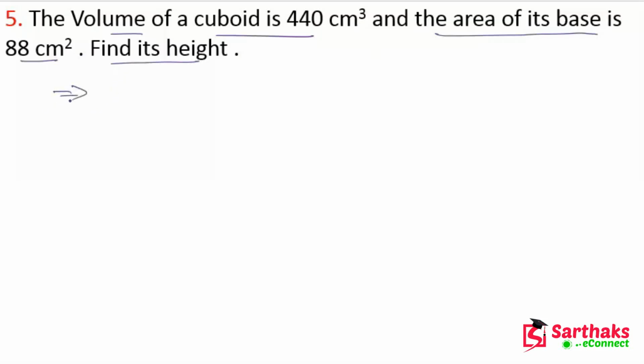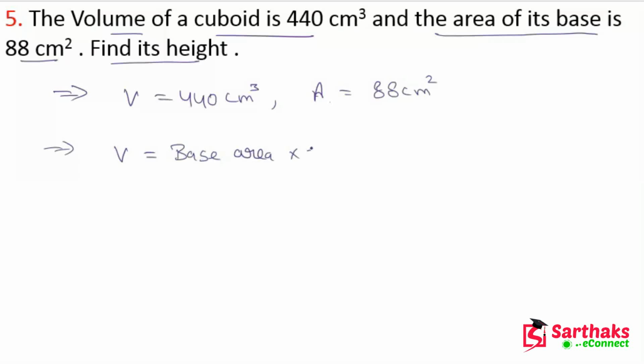So we have volume equals 440 centimeter cube and the area of base equals 88 centimeter square. We know that volume of any figure is equal to base area into height.